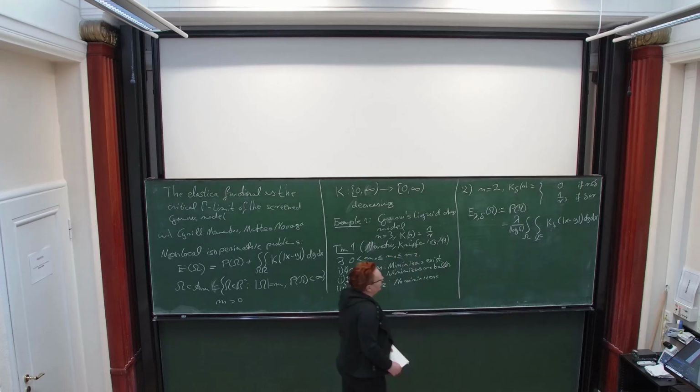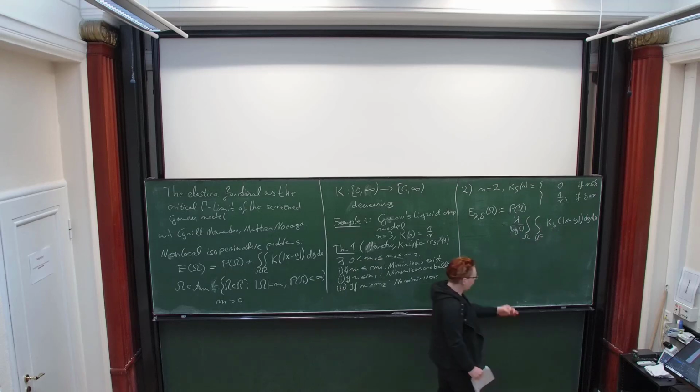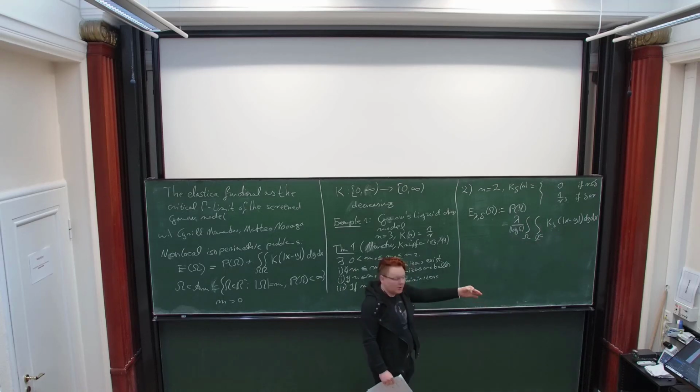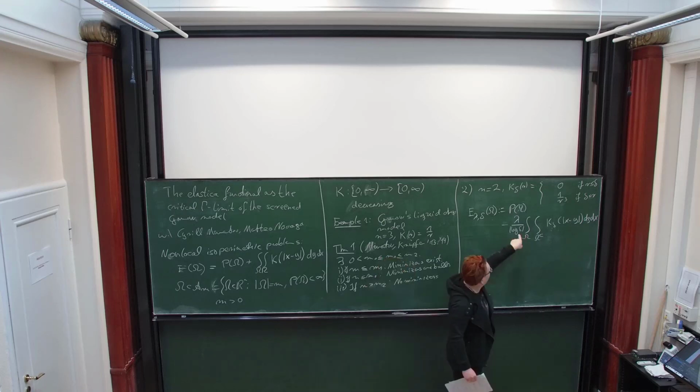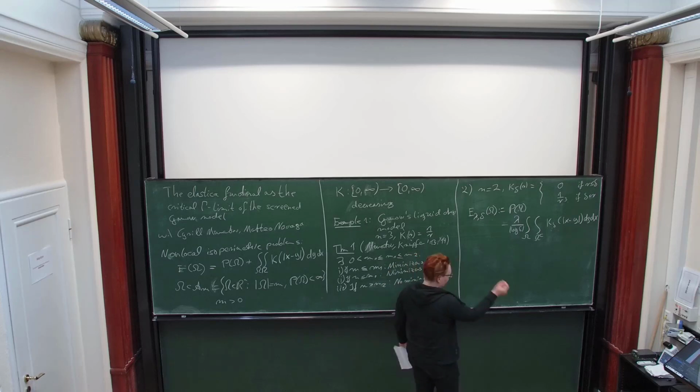And then what happens in the limit delta to 0 is that this kernel starts to concentrate on the boundary, and you only kind of see, to the leading order, the boundary of omega.